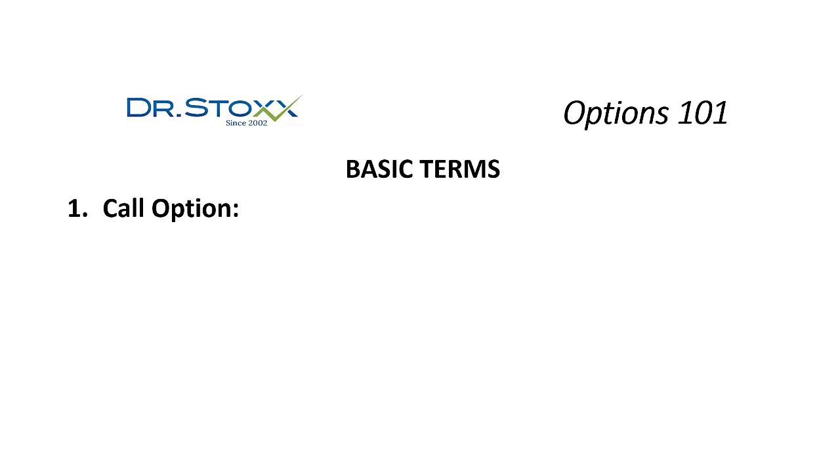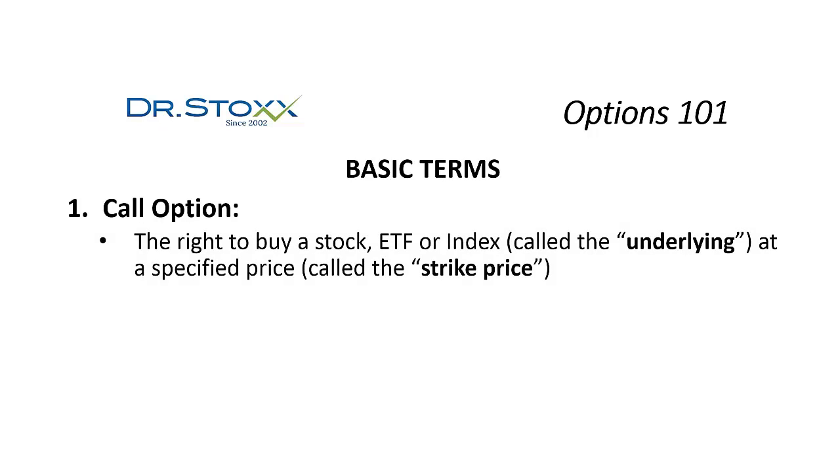A call option, as maybe you already know, is the right to buy a stock, exchange traded fund, or index, and that stock, ETF, or index is called the underlying, at a specified price, and that price is called the strike price. You can buy calls or you can sell them short, just like you do with stocks.